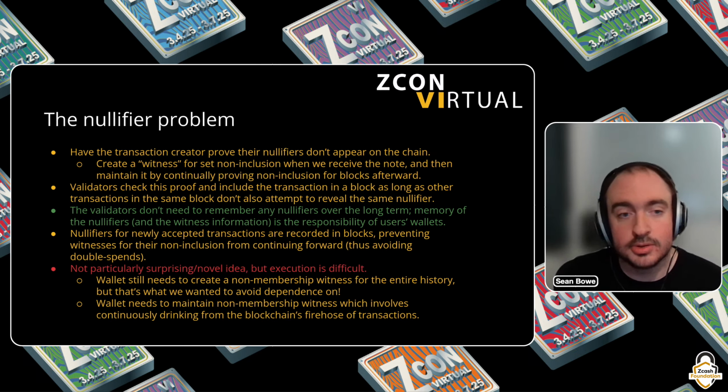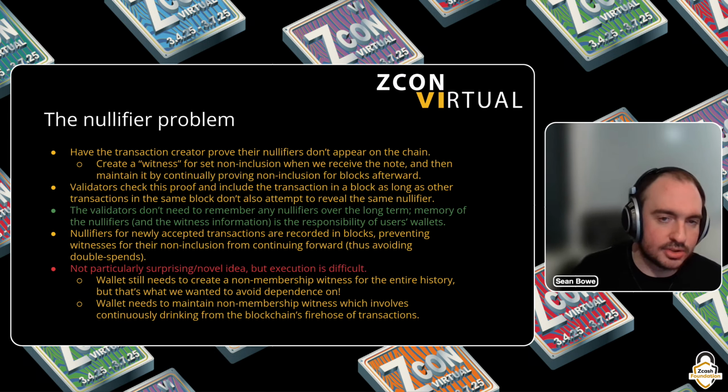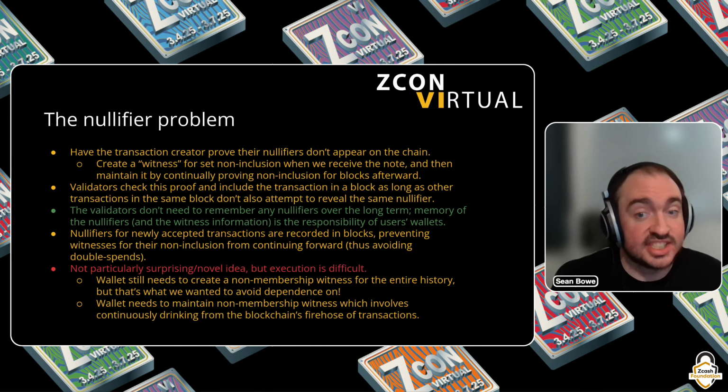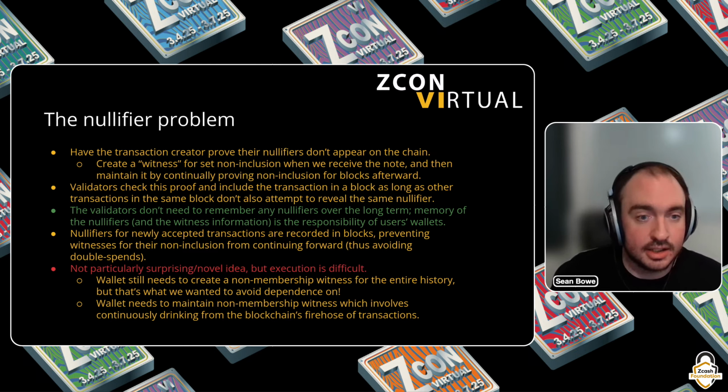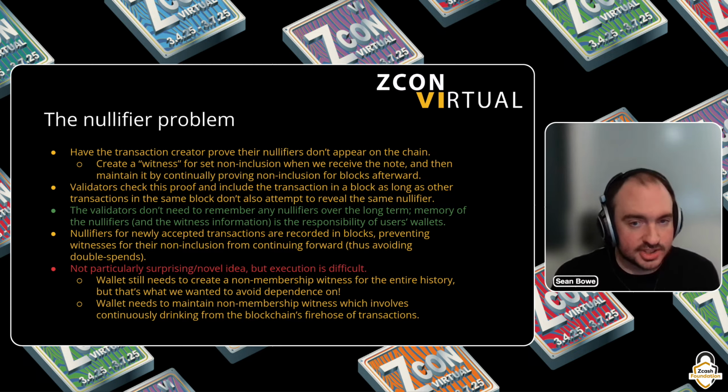So for one, users' wallets have to obtain a witness for the nullifier non-membership proof for the entire chain's history in order to demonstrate that that nullifier hasn't been seen before, which would suggest that the entire history is somehow available to the user, or the user can somehow create or obtain this set non-inclusion witness when they initially receive their note.